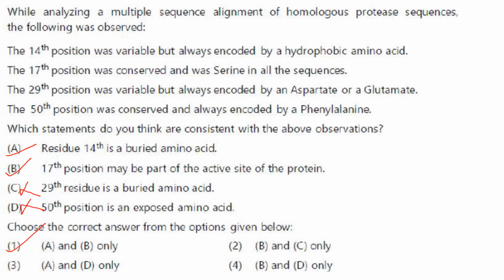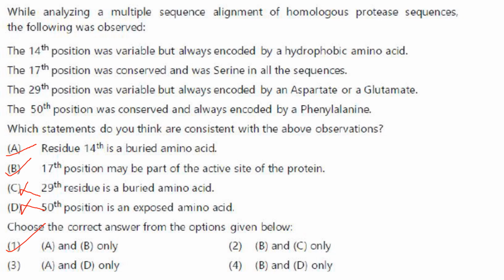Then the next one. While analyzing a multiple sequence alignment of homologous protease sequences, the following was observed. Protease is an enzyme. The 14th position was variable but always encoded a hydrophobic amino acid.